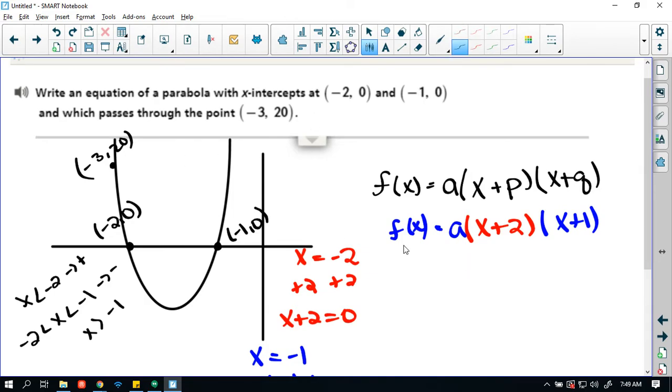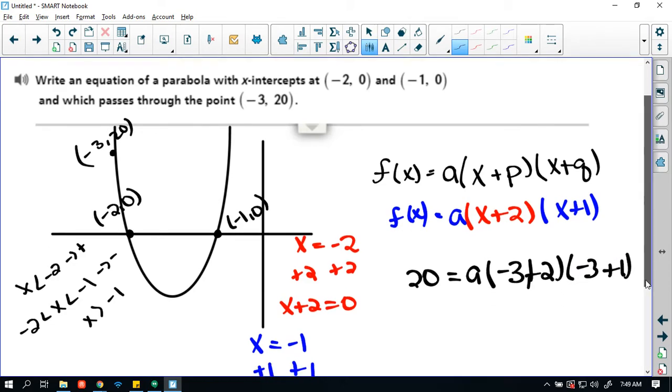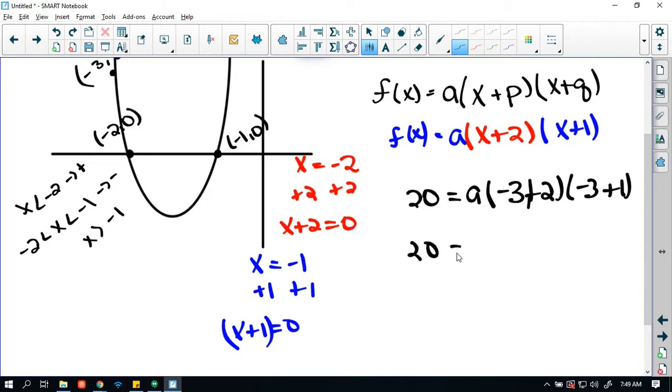So in this one, f of x, or the output of our function, is equal to 20. The input to our function is -3. So I'm going to plug in that -3. And I get 20 equals a times (-3 + 2)(-3 + 1). That is, 20 equals a times -1 times -2.